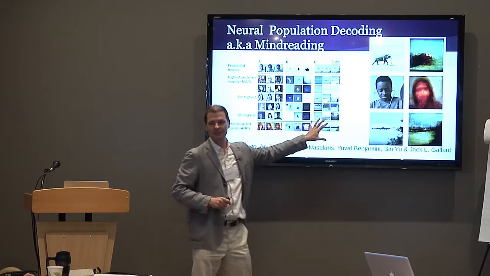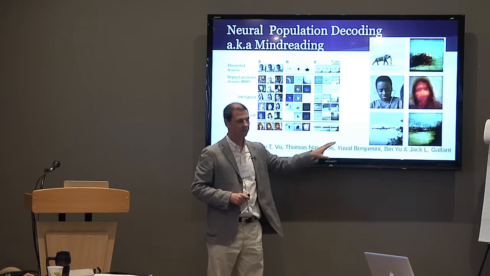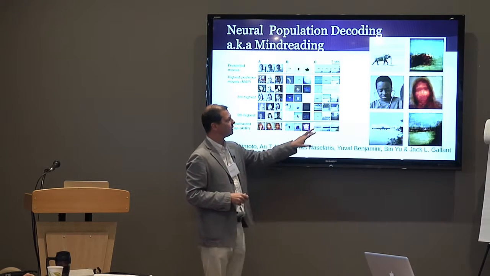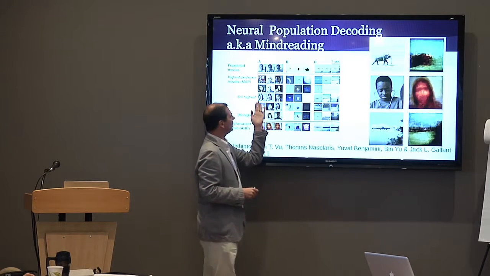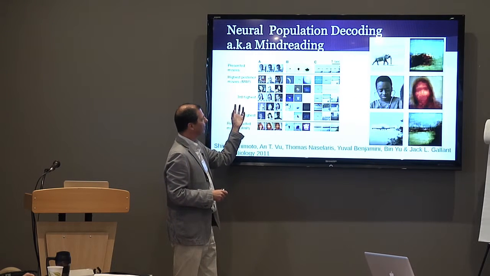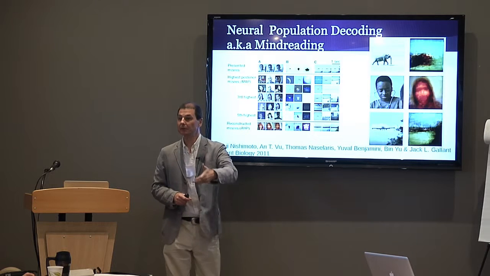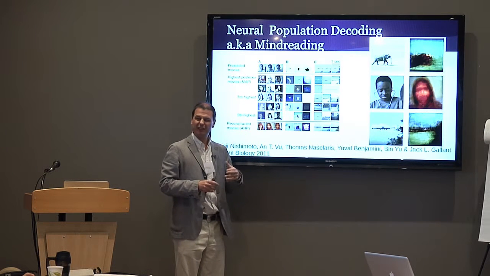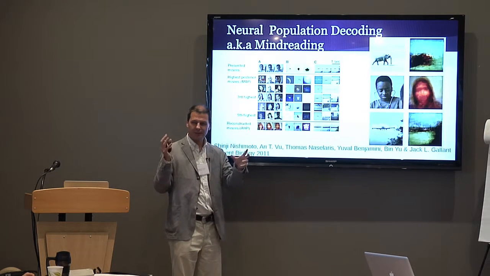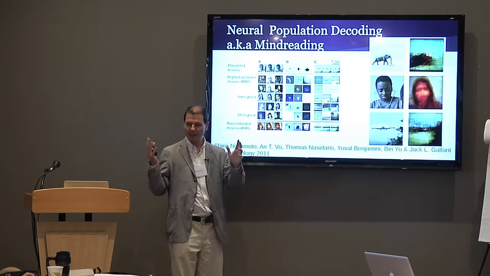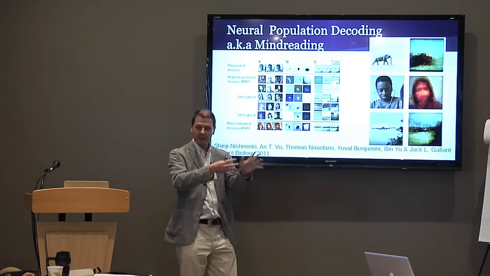Without knowing which image it is that they're seeing. So what it does is it actually reconstructs the image based on having a model of how each subject responds to images. It's sort of like it knows the trace of the memory of images in their brain, and it uses that to reconstruct images.